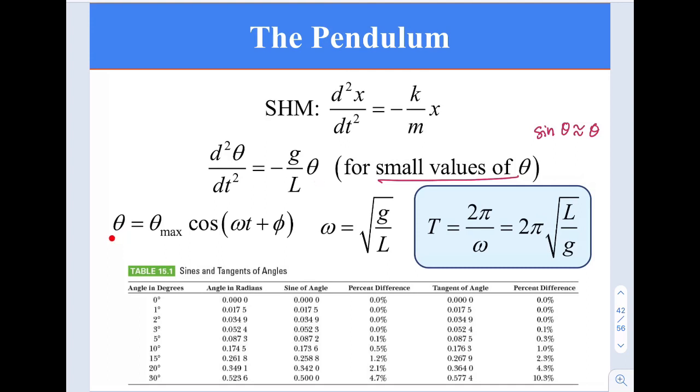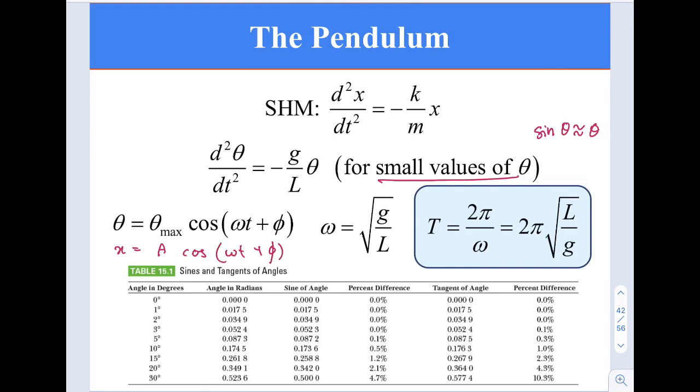For the simple pendulum, the position of theta at any instant in terms of a sinusoidal wave function is going to be theta max cos(omega t plus phi). This is in comparison to x equivalent to A cos(omega t plus phi).